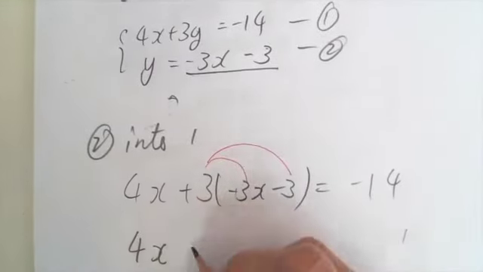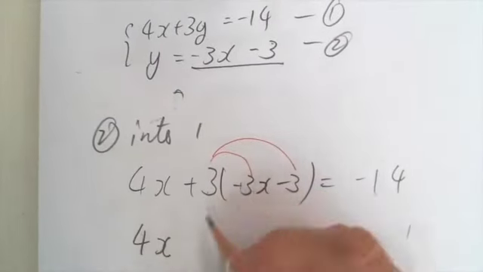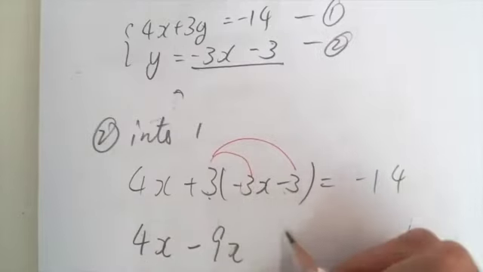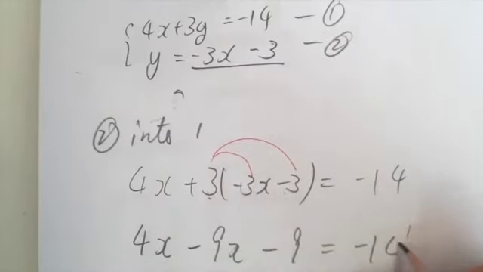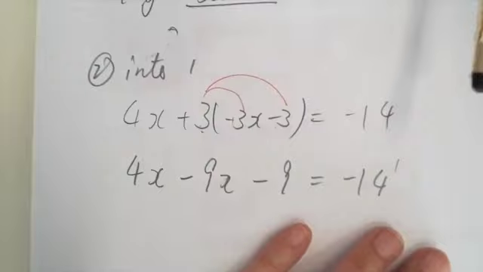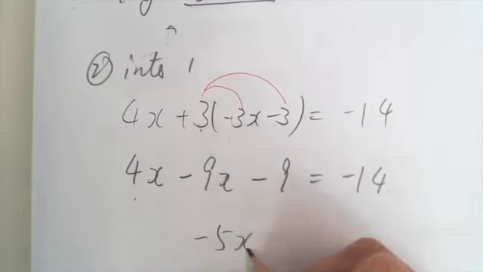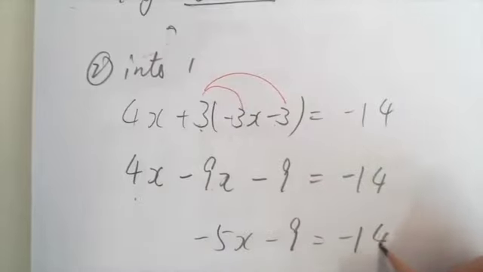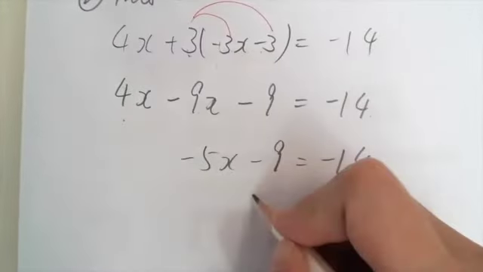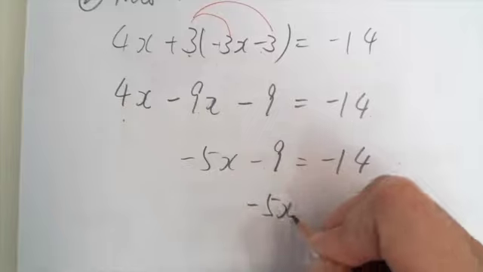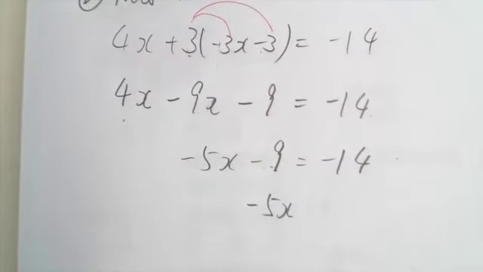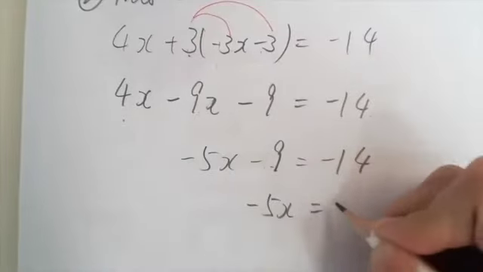So we have 4x, 3 times minus 3 is minus 9x, minus 9 equals negative 14. All right, it's a bit dirty there. Right, so we have negative 5x minus 9 equals negative 14. So if I move the 9 to the other side, it should be negative 5.